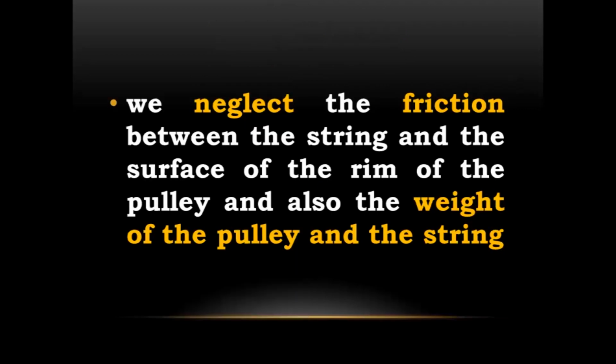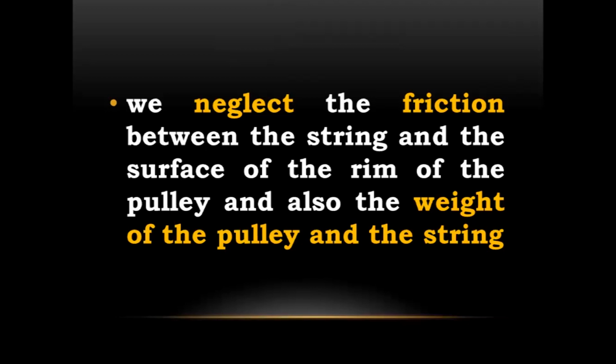Before we learn in detail about the pulley, I want to make one thing clear. As we learn, we are going to neglect two things in this part. One is the friction between the string and the surface of the rim. So we are neglecting the friction between the string and the rim, and then we are neglecting the weight of the pulley and the weight of the string.